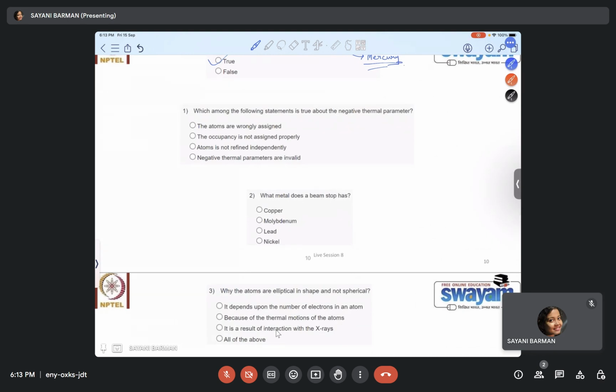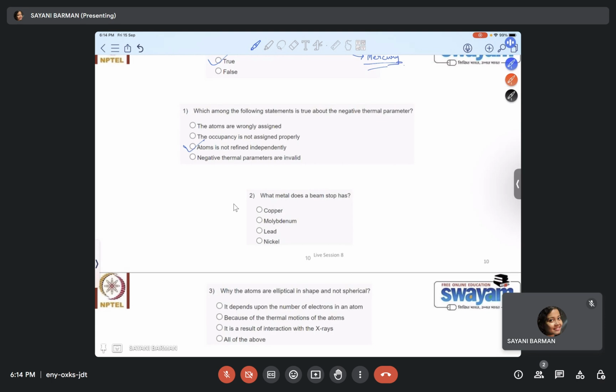Okay. The atoms are wrongly assigned, the occupancy is not assigned properly, atoms are not refined independently. Okay, the answer will be, the atoms are not refined independently, because negative thermal parameter, what does it do?